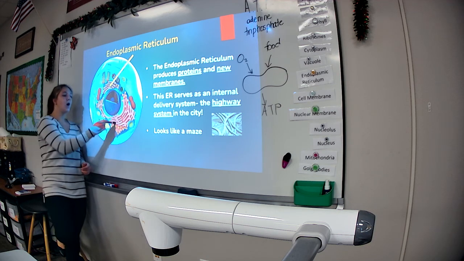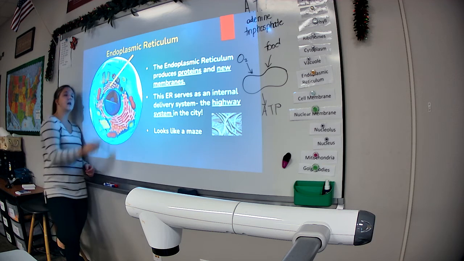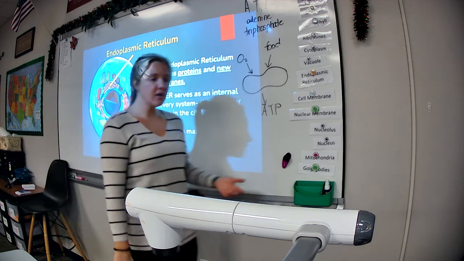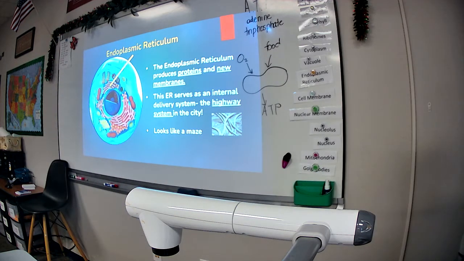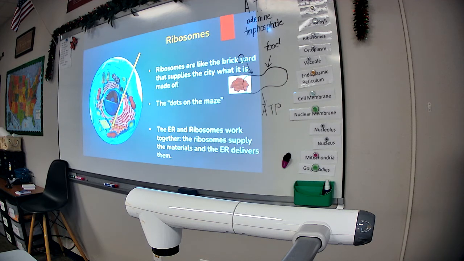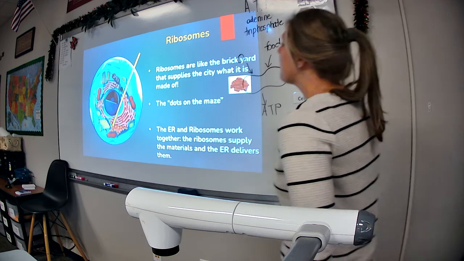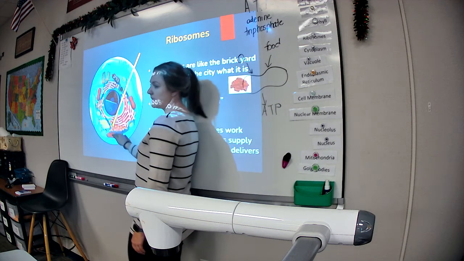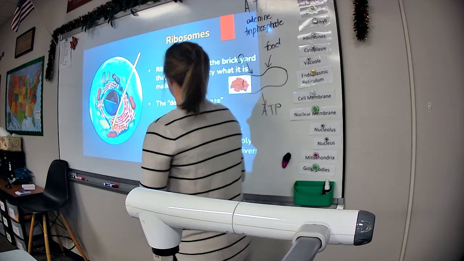So the ER delivers things kind of like a highway. What does it deliver? It delivers the proteins, which are made by the ribosomes. That's the next organelle. The ribosomes are the little yellow dots on the maze.